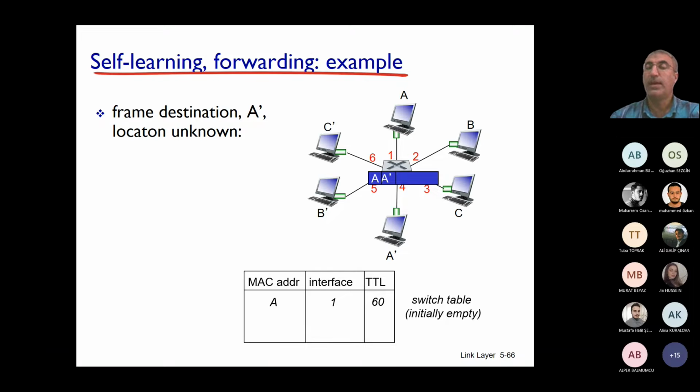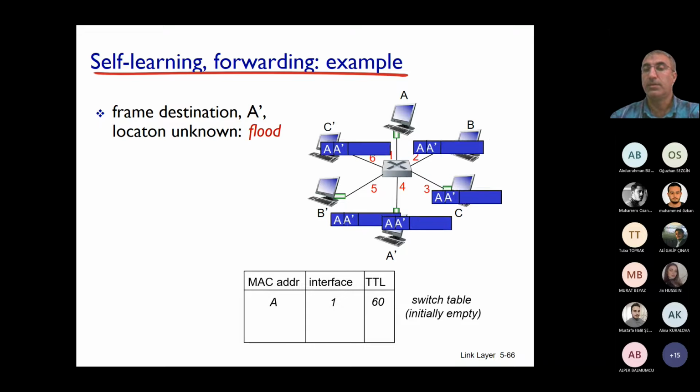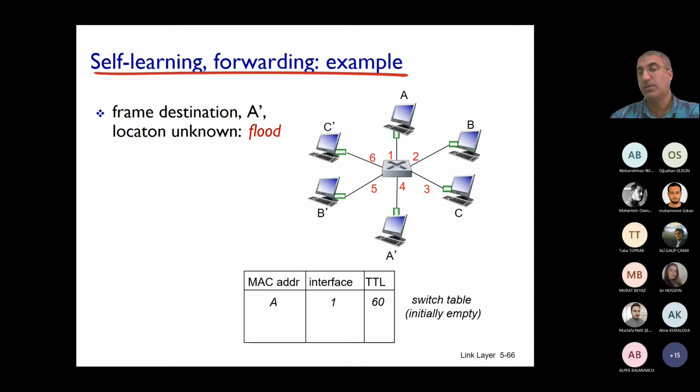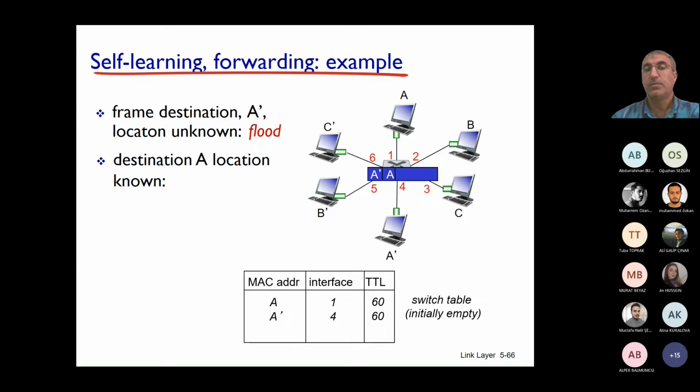So the location of A prime is unknown. That's why it floods to all nodes except the incoming one, which was A. So A prime receives it and then sends a response. Now the switch has a second record, about A prime, with interface 4 and TTL 60.